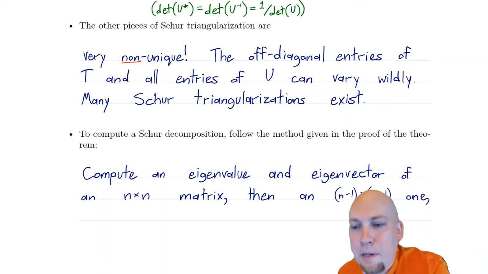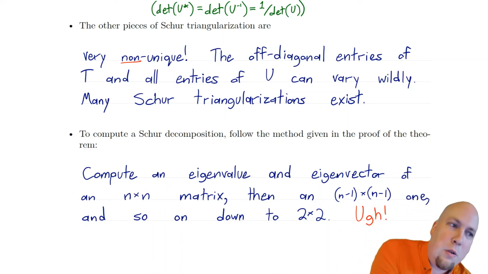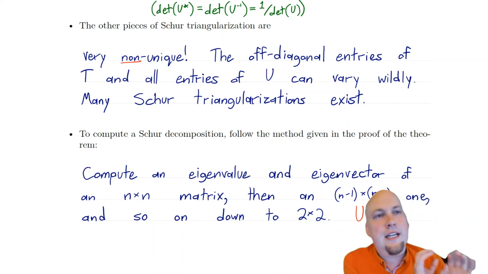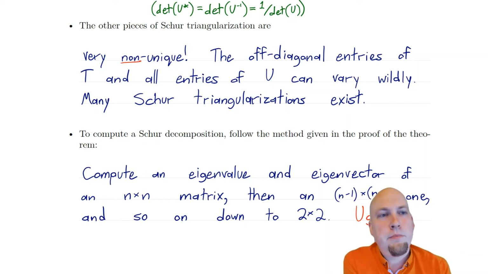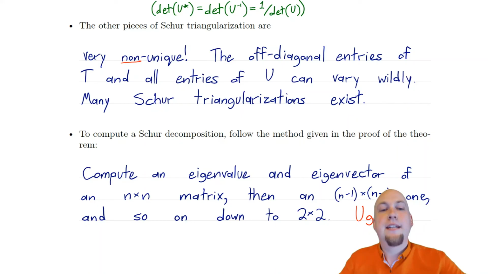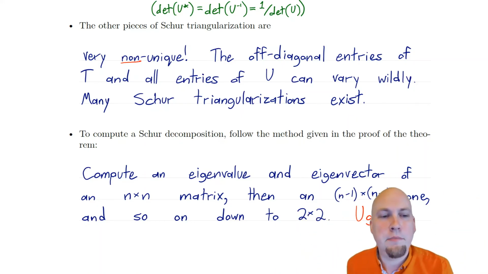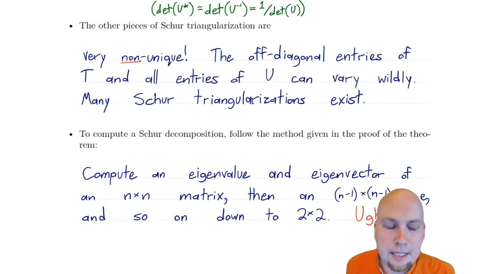Then you keep on doing that over and over, all the way down until that bottom right corner is 2 by 2. Then you find an eigenvalue and an eigenvector of that 2 by 2 matrix, extend to an orthonormal basis, so you get a 2 by 2 unitary, and so on. It's a hideous procedure, but there's a lot of freedom in it, a lot of choices that you can make along the way, so your Schur triangularization can look very different depending on those choices.